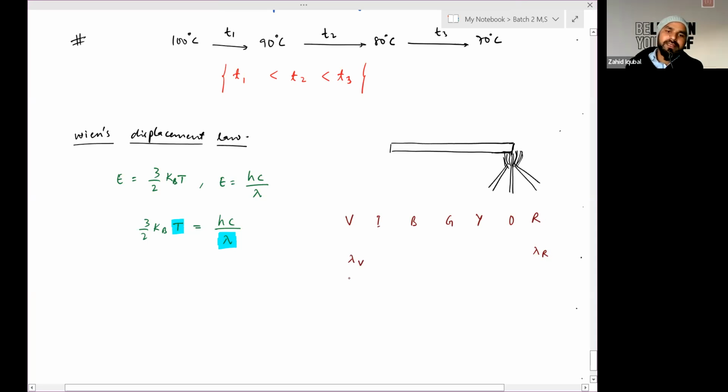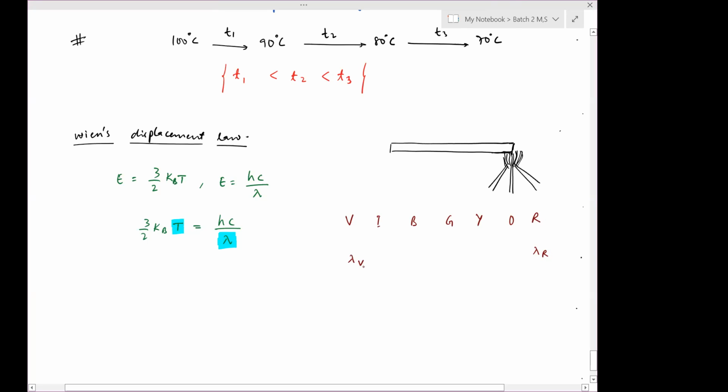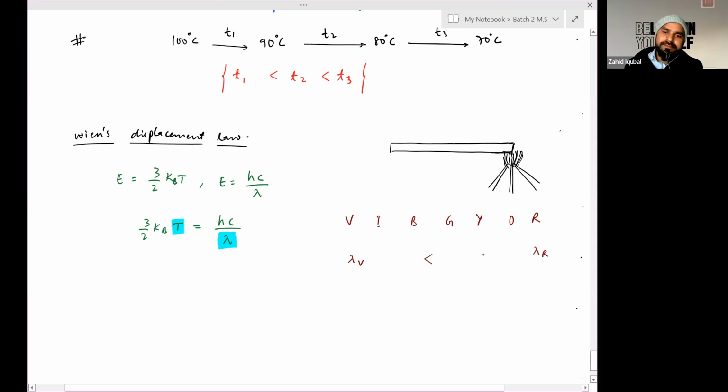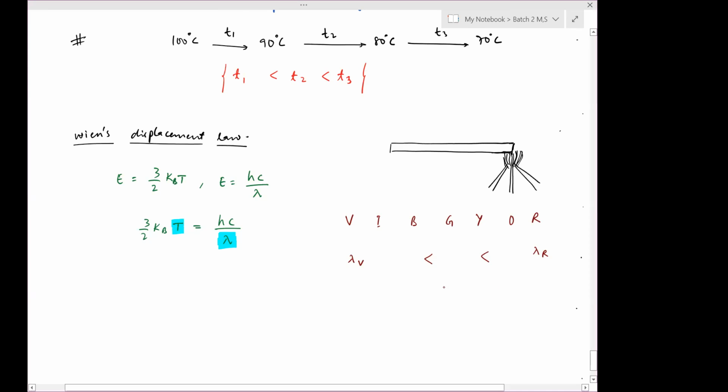Red is the longest, and violet is the shortest. Since temperature and wavelength are inversely proportional, initially the object will have a lower temperature, so it must radiate at a higher wavelength. So all objects initially tend to glow red. Is it clear? Yes, sir.